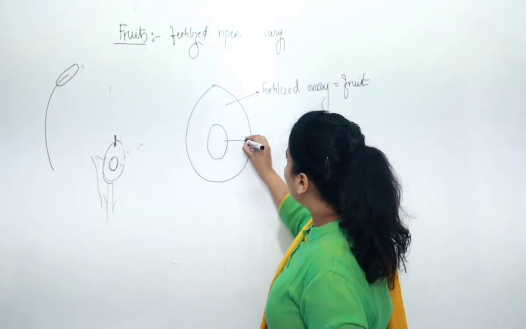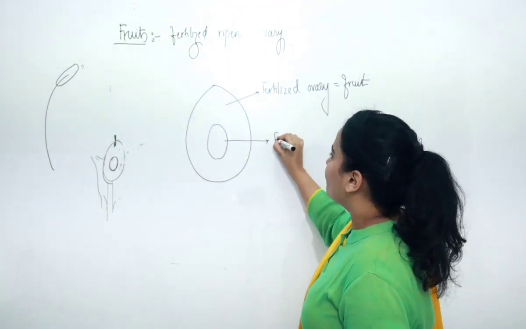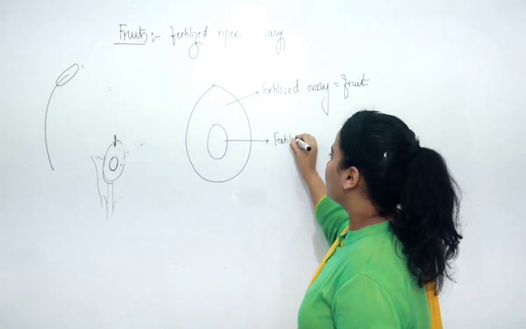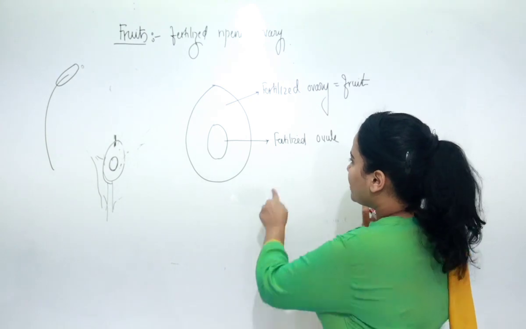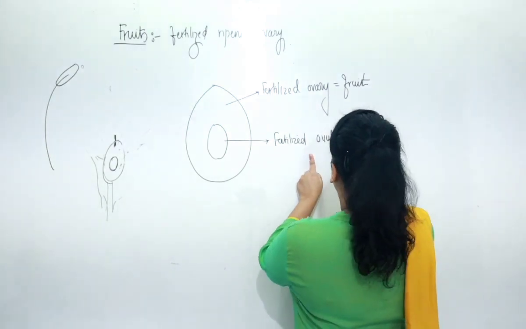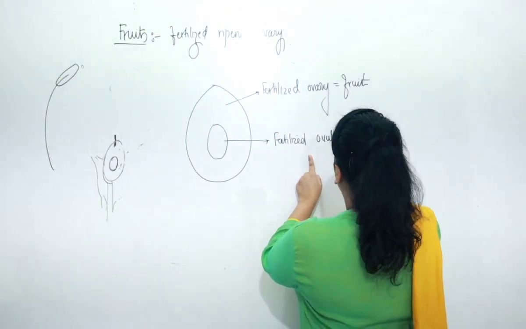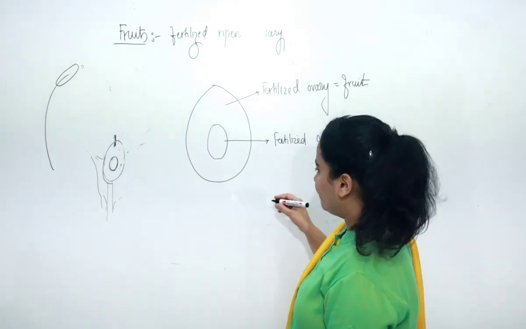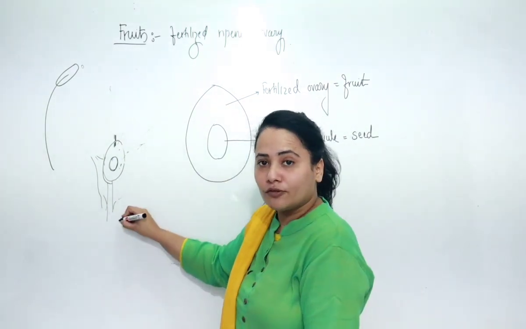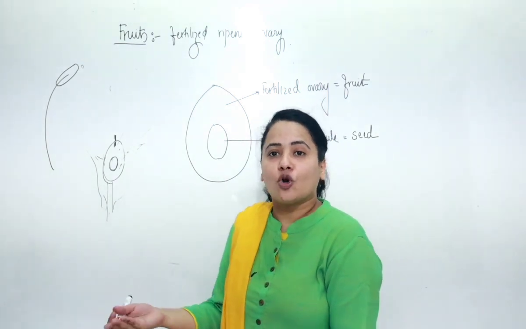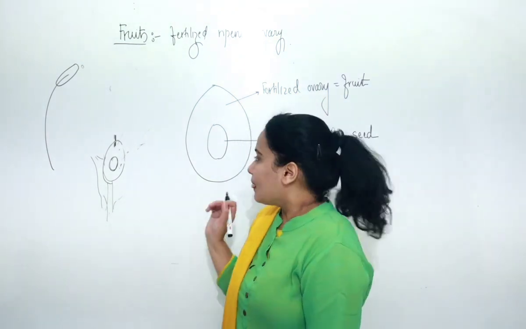And what is this? This is the fertilized ovule. This fertilized ovule is modified into seed. And you can take this as a stalk of the fruit, which was previously the stalk of a flower. Right? Alright.